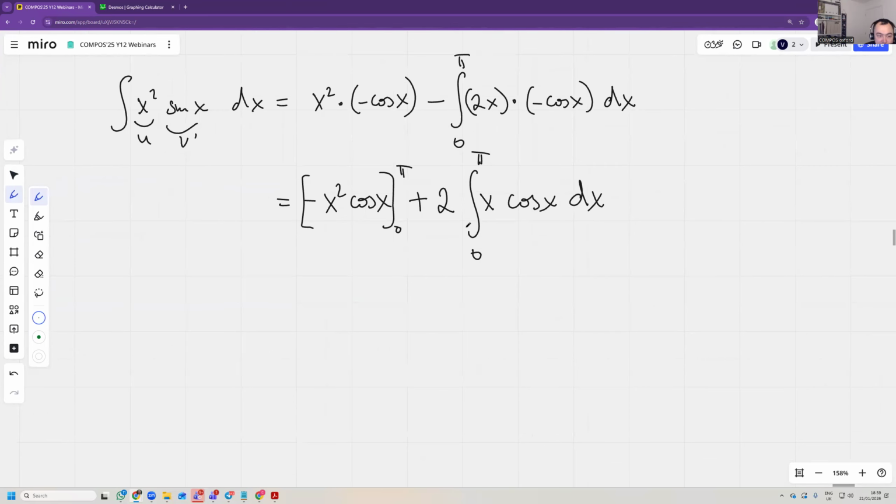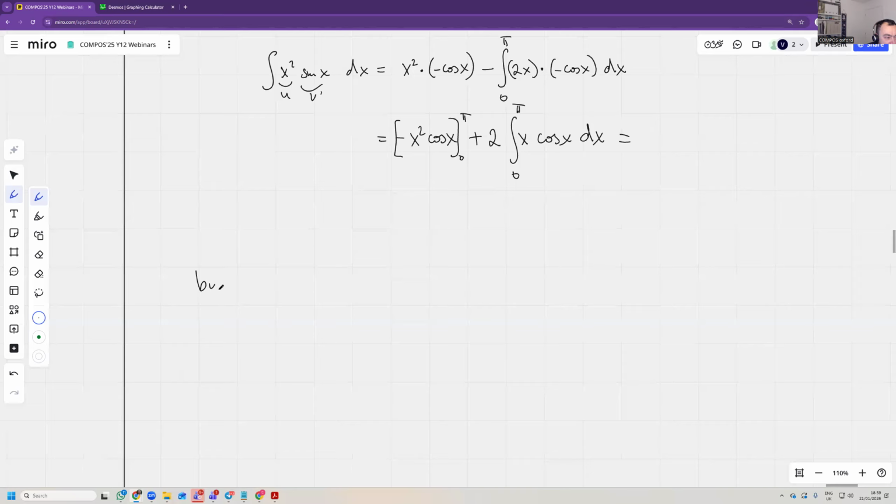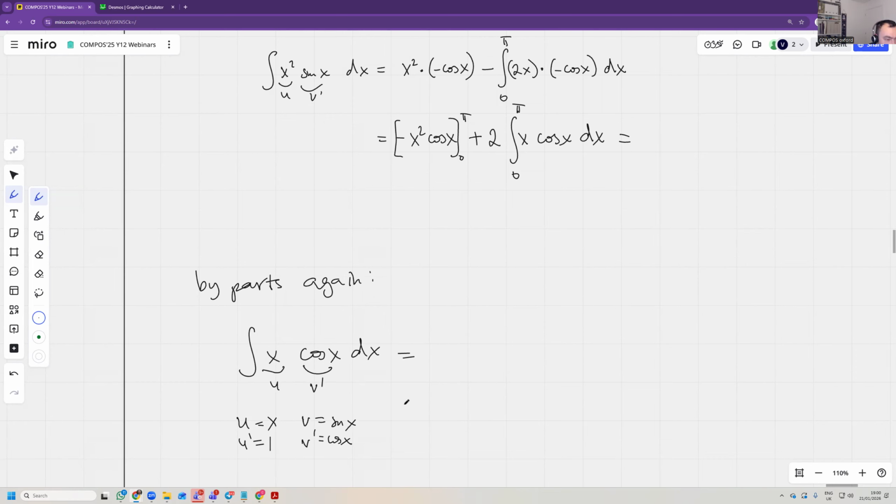But then we see that this is another integral by parts. So we integrate by parts again. So the integral of x cos x dx. So this is u, and this is v dash. So that means if u is x, u dash is 1. If v dash is cos x, then v is sine x.